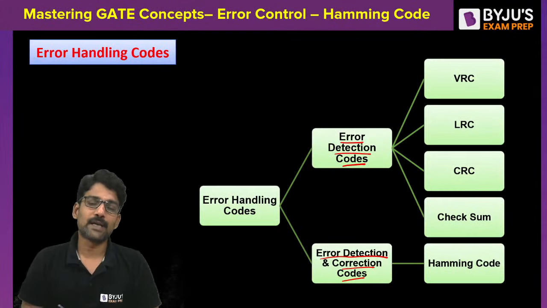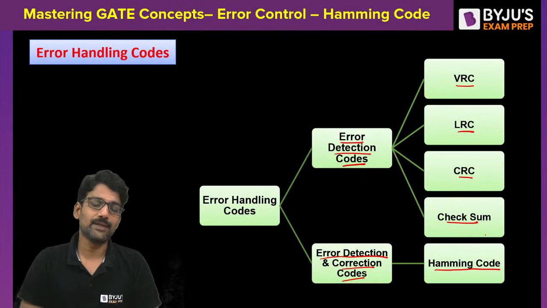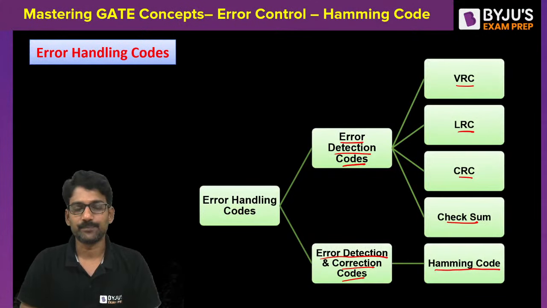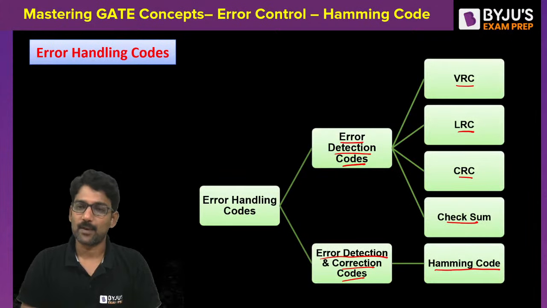We have four types of detection codes: VRC, LRC, CRC and checksum, and the error correction code is Hamming code. So today's topic is Hamming code. Without any delay, we will start this Hamming code discussion. Before that, let me welcome Kiruti. Very good evening.